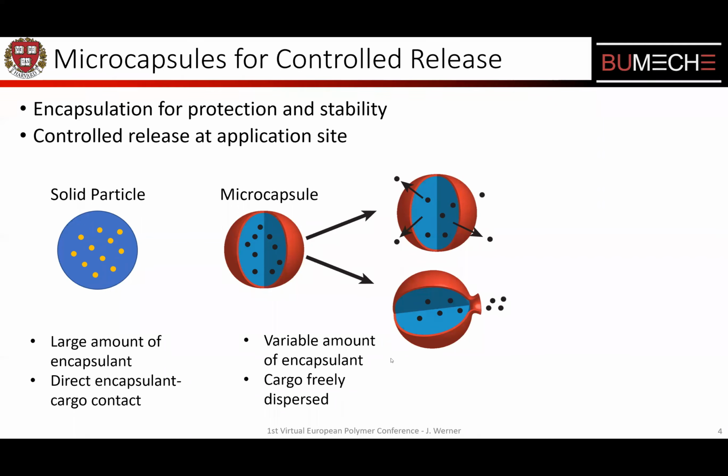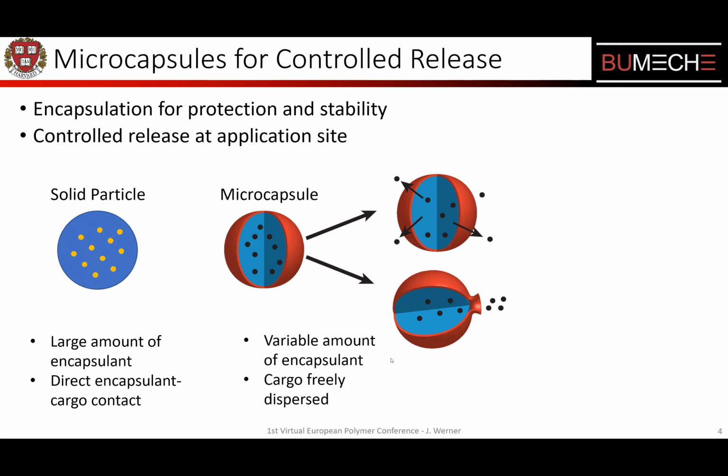The encapsulation material purely forms the shell and is therefore separated from your interior material and acts truly just as the gatekeeper to both protect the interior as well as decide when to release the active ingredient, on what kind of trigger or at what kind of pace.